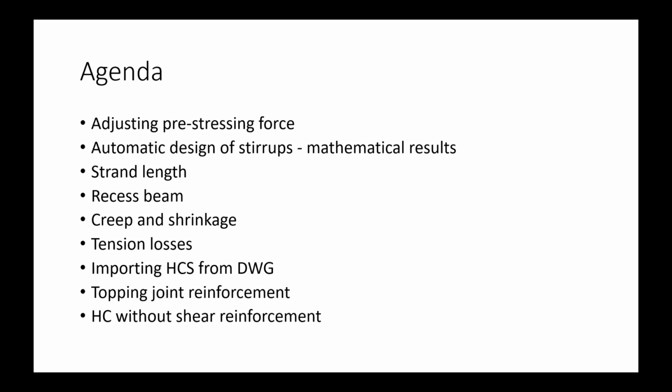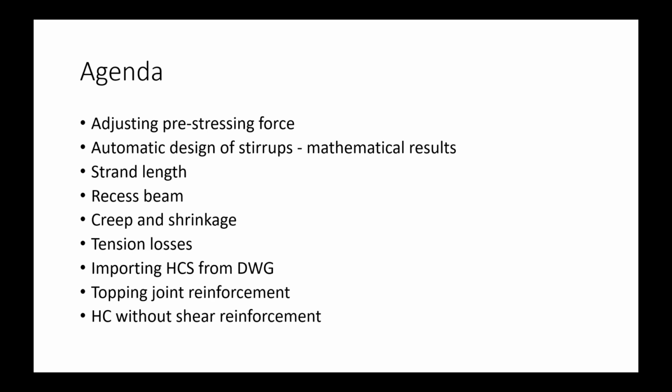Creep and shrinkage: how you are able to add creep and shrinkage to study long-term effects and how that affects your calculations. Tension losses, again, something that our users are sometimes in doubt of how this is approached in pre-stress.